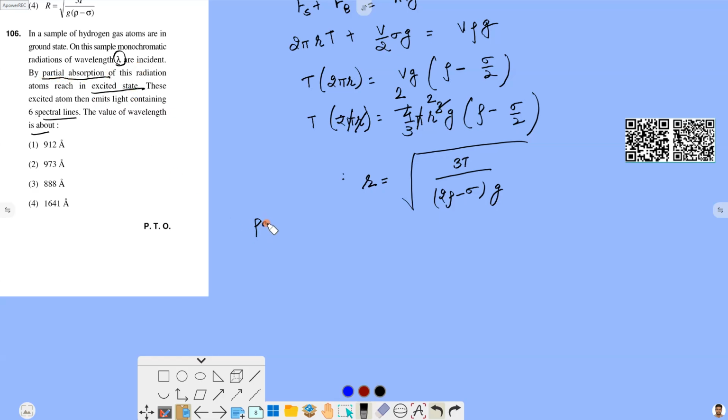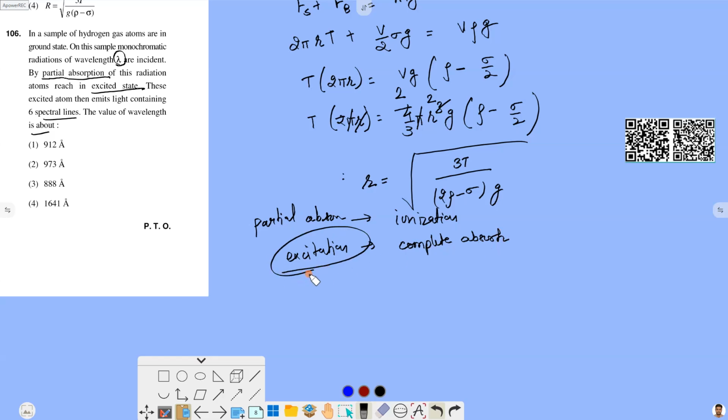So if we have partial absorption of some radiation, then it has to be an ionization, because for excitation there has to be a complete absorption. That is the basic law of quantization: if excitation is happening, that photon of light, or that given light radiation, has to be completely absorbed.